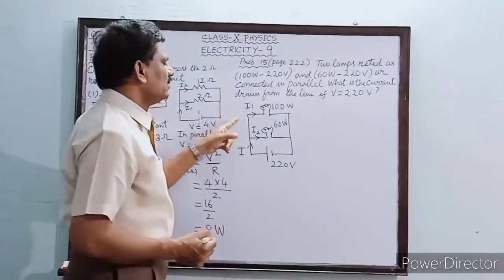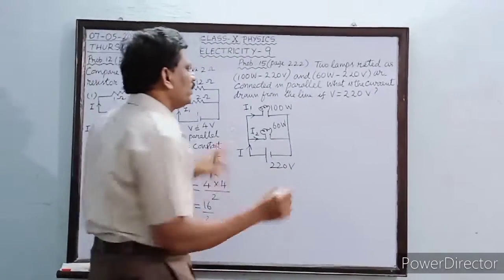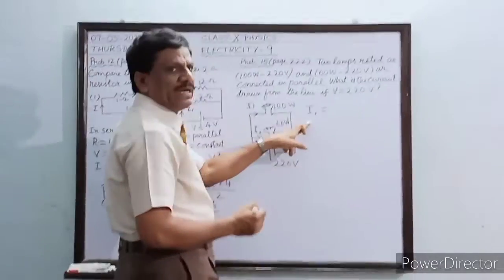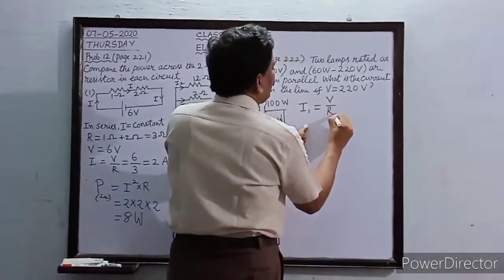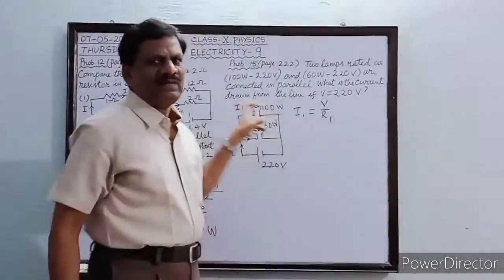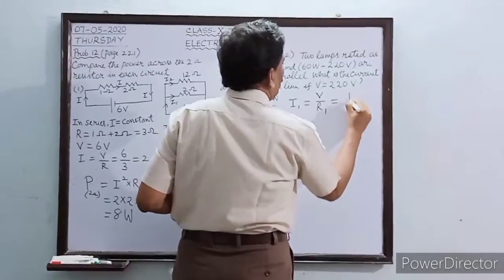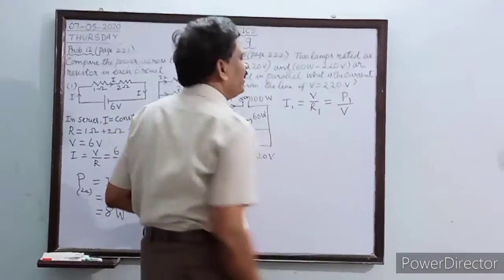Now in both the cases, the potential difference is 220 volt. Now you tell me, I is equal to V by R. So I1 is equal to V divided by R1. This formula we cannot use because power is given. So this is also equal to power P1 divided by voltage.